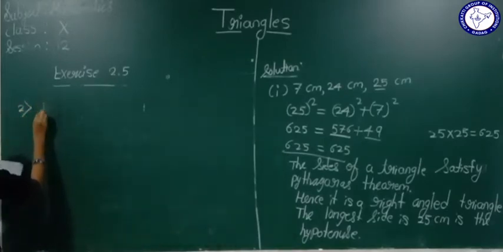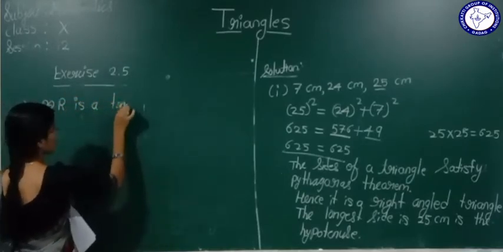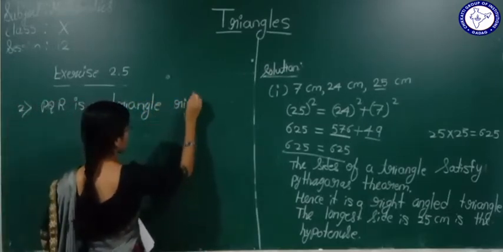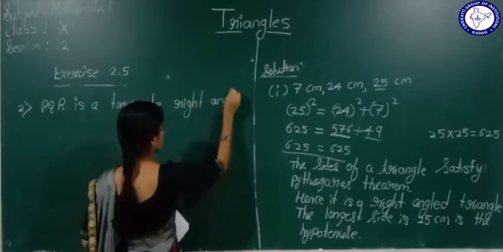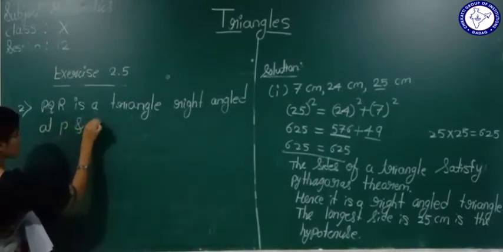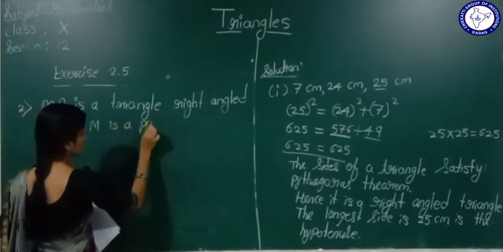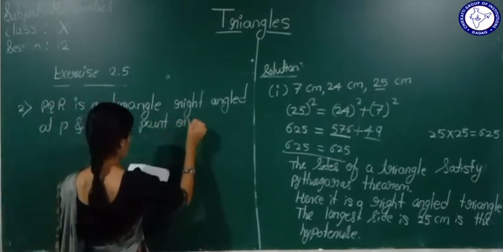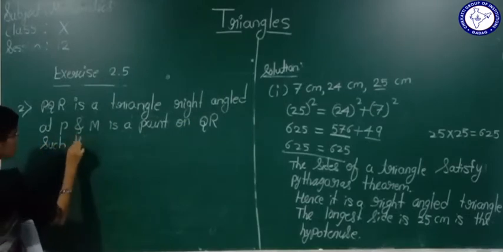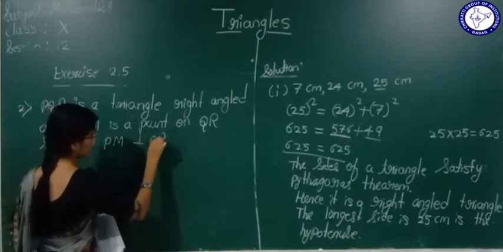So the second problem they have given: PQR is a triangle right angled at P, and M is a point on QR such that PM is perpendicular to QR.